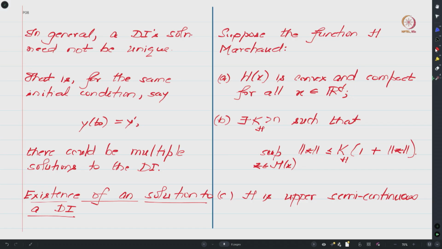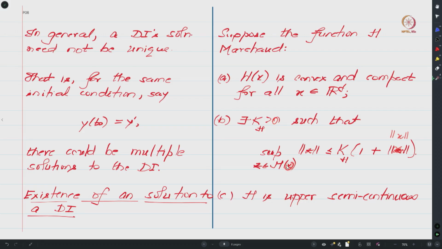Furthermore, we should have a constant kh greater than 0, and for every element z in this set h of x, we require that its norm be upper bounded by this constant kh times 1 plus norm x. Sorry about this, this should be norm x.